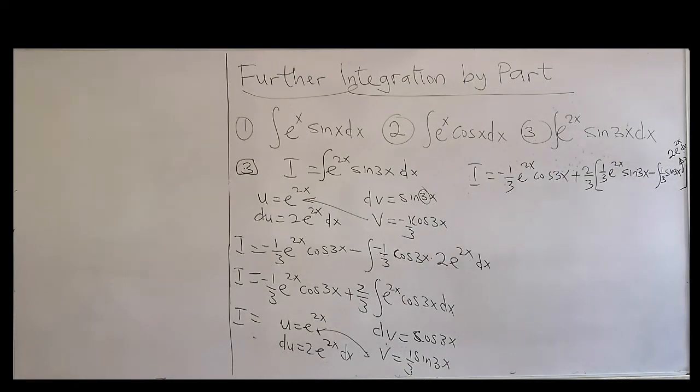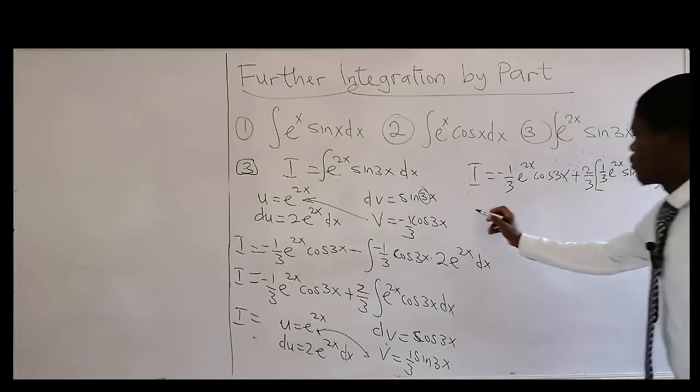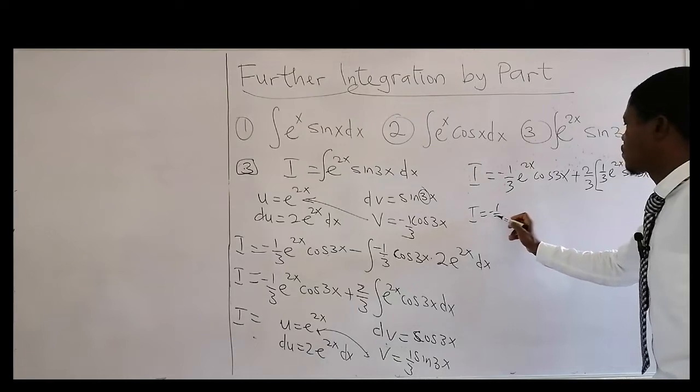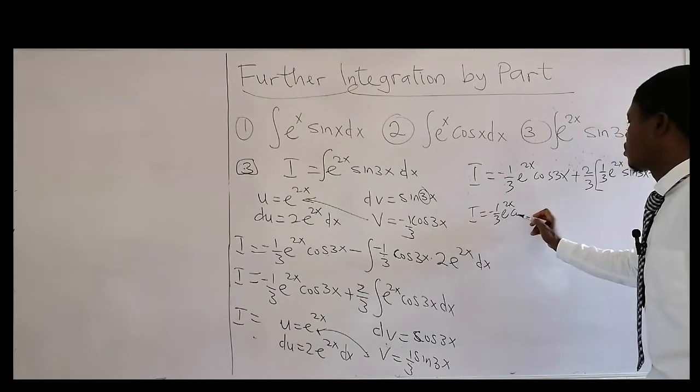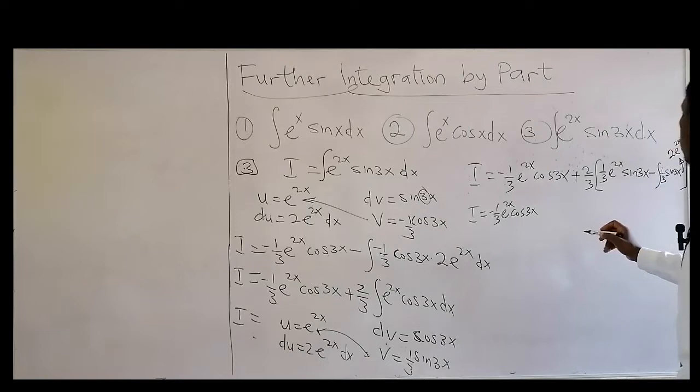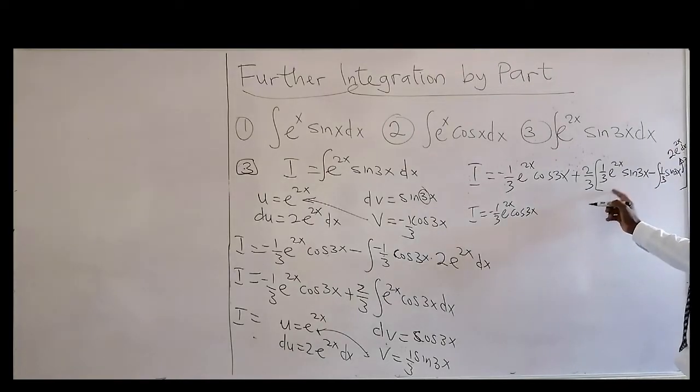Okay, so what do we do now? We continue: I equal to minus 1 over 3 e^2x cos 3x. Open this one. This will be equal to plus 2 over 9 e^2x sine 3x. That's 2 times 1, that's 2, and 2 times 3, that's 9.